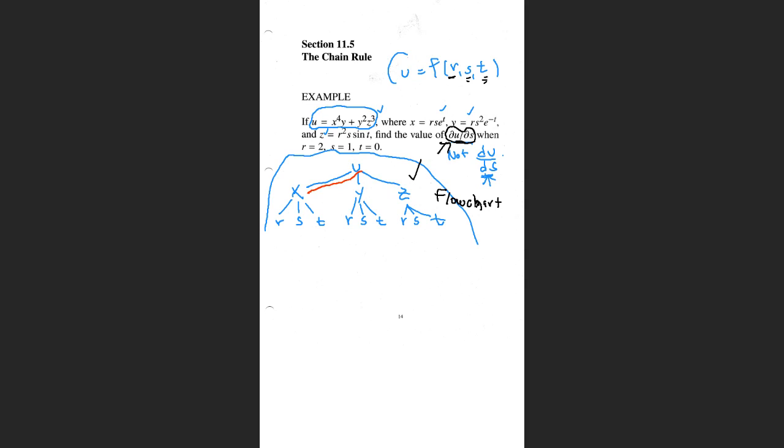That's one of the paths. The variable u also changes as y changes, and y changes as s changes. That's the second path. And then u changes as z changes, and z changes as s changes. That's the third path. Norina, does that make good sense? Why there are 3 paths?